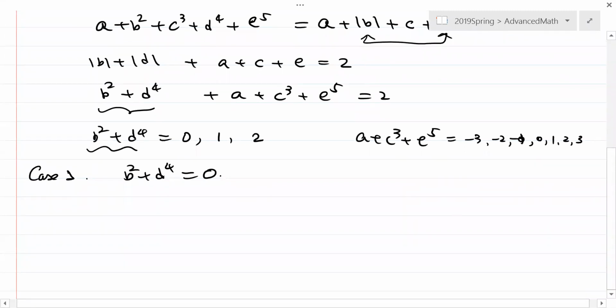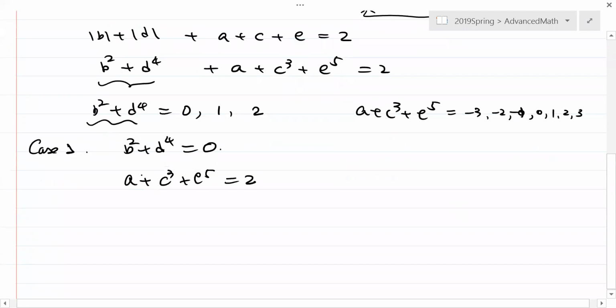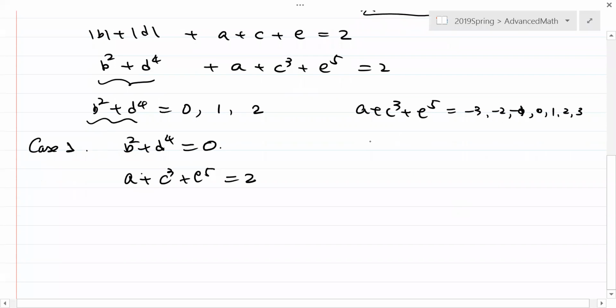But if you break it into 3 cases, then the equation is simplified: A plus C cubed plus E to the fifth equals 2. Those 5 numbers can be regrouped into B and D, and A, C, and E.